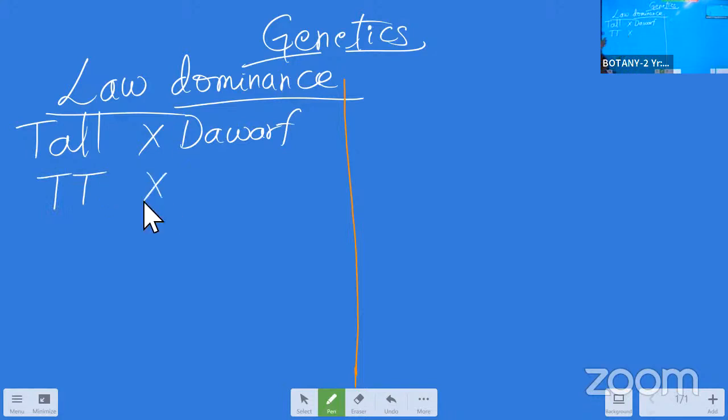Always tallness is the dominant character over dwarfness.